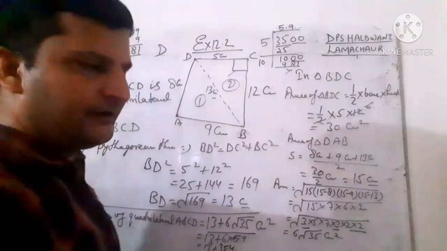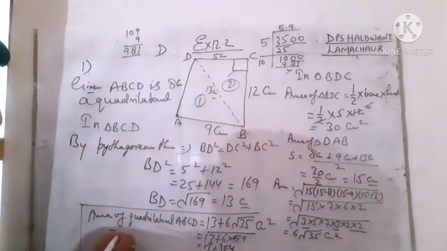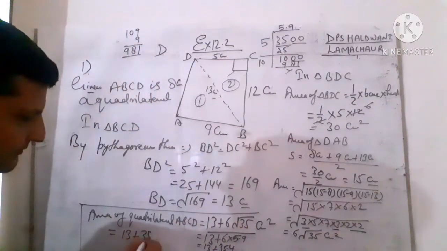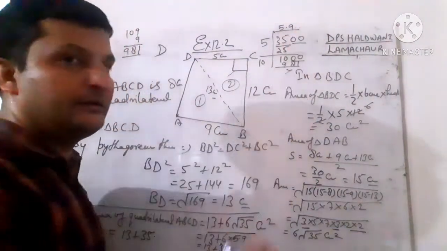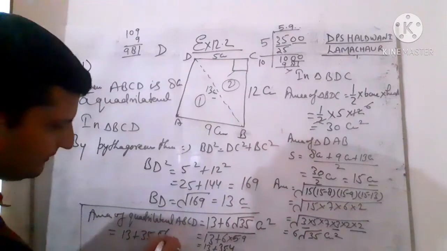This is coming 35.4 approximately. So we can write here 30 plus 35 point something, 5.9192 something. So we can take it as 35.5 approximation.